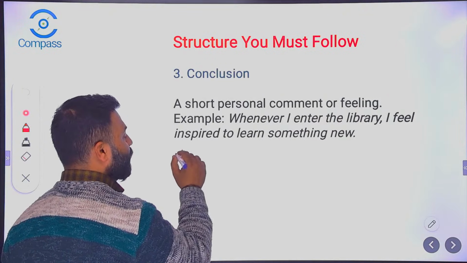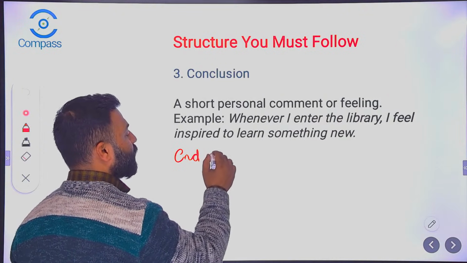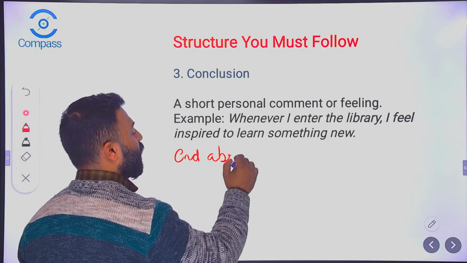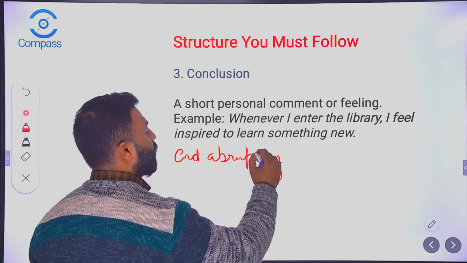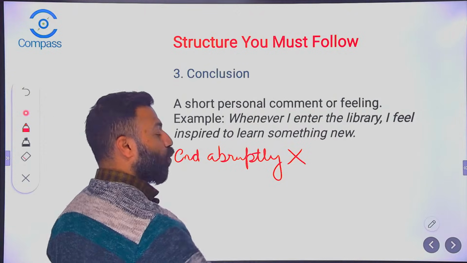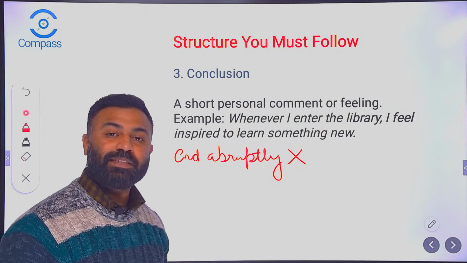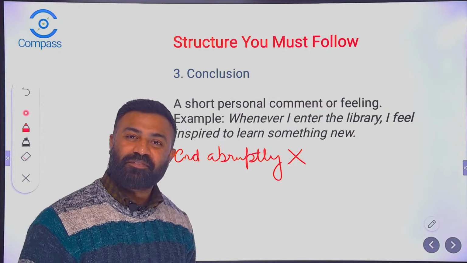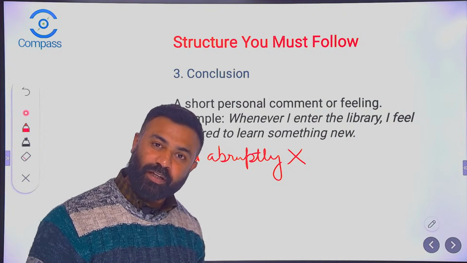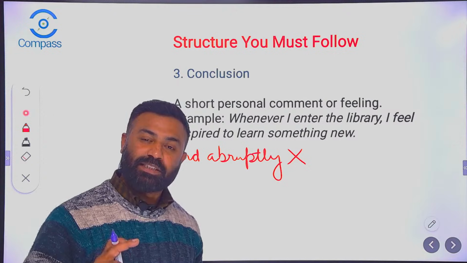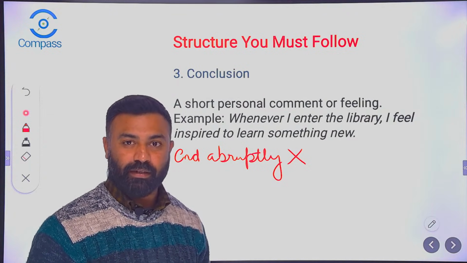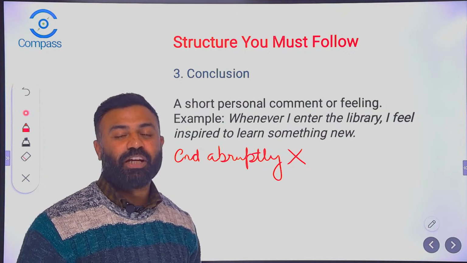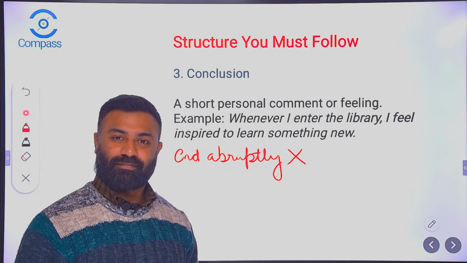Let me write it down. End abruptly. Abruptly means suddenly. For example, you are watching a movie and the last scene of the movie got cut off. Would you like it? It will spoil your mood.